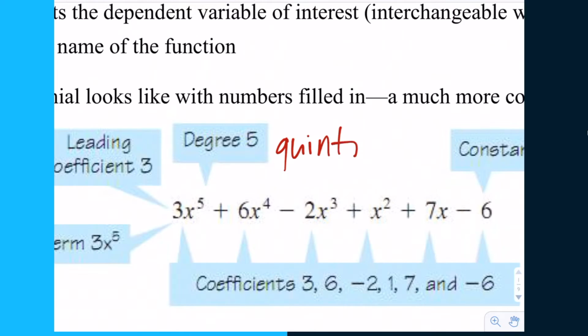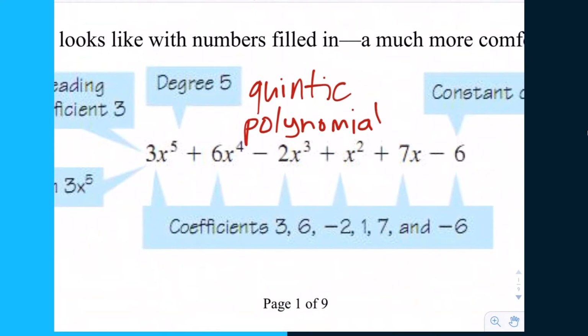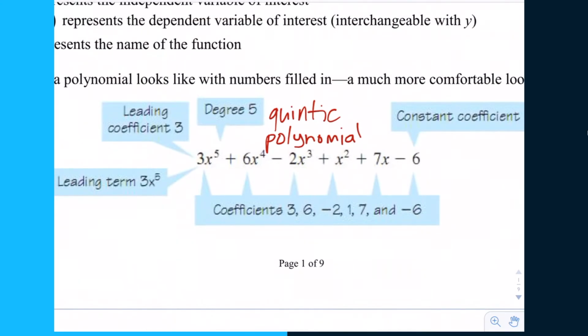Good. A quintic polynomial. It's a nice word. So that would be classifying it by its degree. It also has 1, 2, 3, 4, 5, 6 terms, so we can call it a 6-term polynomial, right? Good. Not a sexanomial. No way, that's something different.